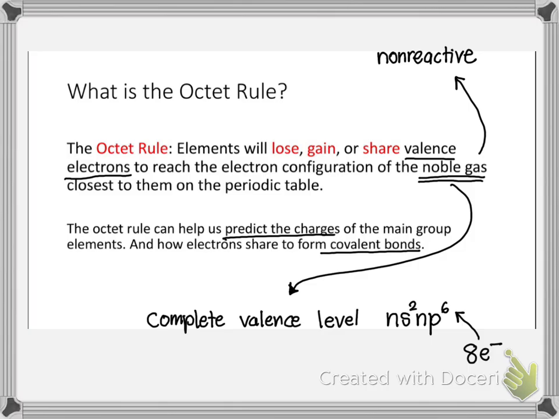The other thing I want to remind you is these elements are not becoming noble gases, because it's the protons that determine the identity of the atom, not the number of electrons. So our elements are not becoming noble gases. They are just having electron configurations like noble gases.